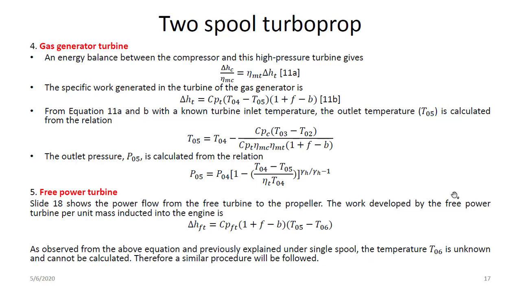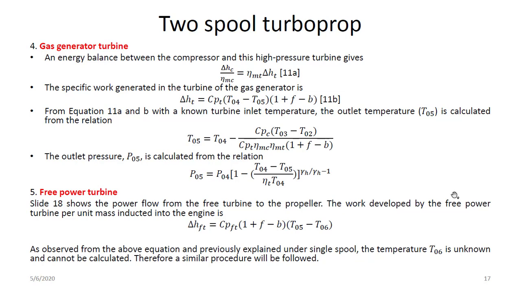And everything here is known, with the mechanical efficiency of the compressor, mechanical efficiency of the turbine, and everything stays the same. And once you know the outlet temperature to the first turbine, you can get the outlet pressure using this relation. And here you are merely applying isentropic relations.